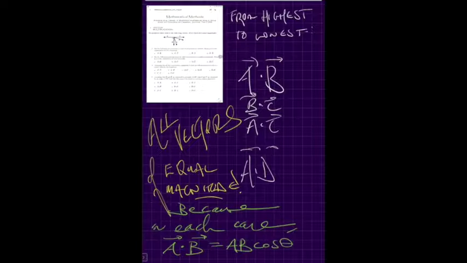So the more parallel two vectors were in a given choice, the bigger their dot product was, because their sizes were assumed to be equal. So the answer, and I think most people got this right, was A dot B, then B dot C, then A dot C, then A dot D, from greatest to lowest. I think most of you got that right, so I'm just going to keep going.